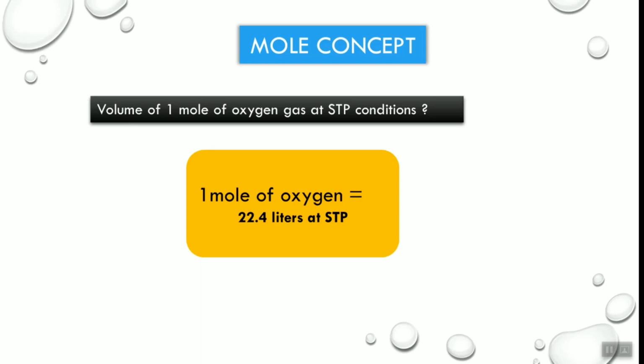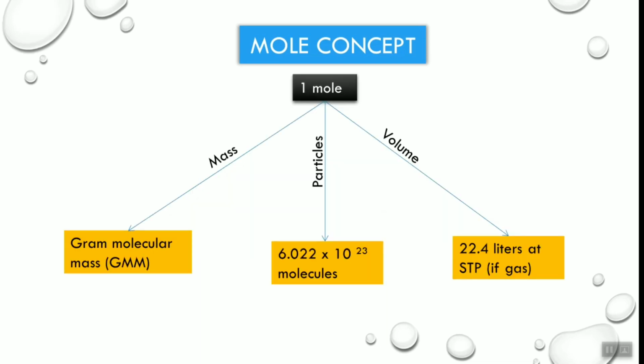So the volume of 1 mole of oxygen gas at STP condition is 22.4 liters. So 1 mole of any gas is equal to 22.4 liters at STP.